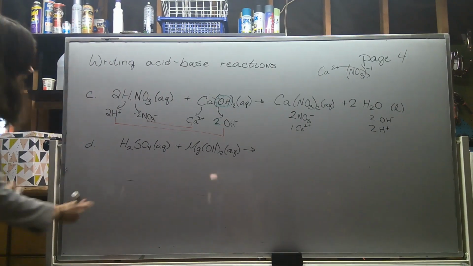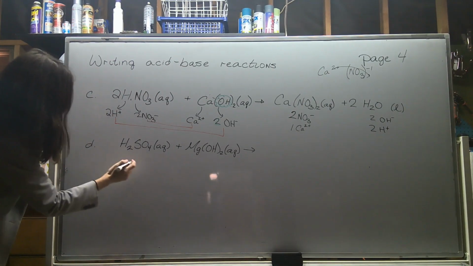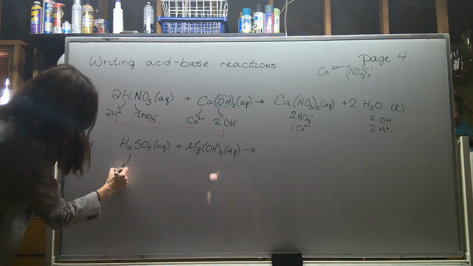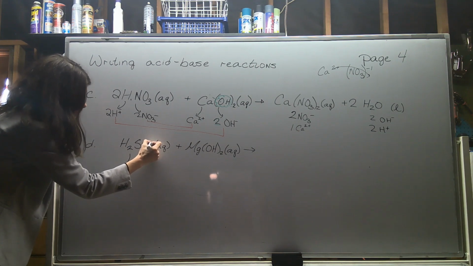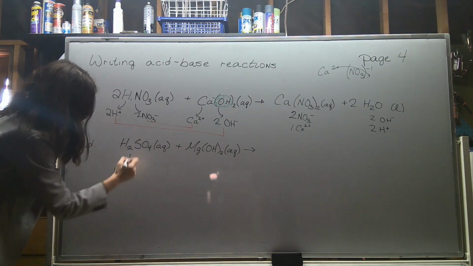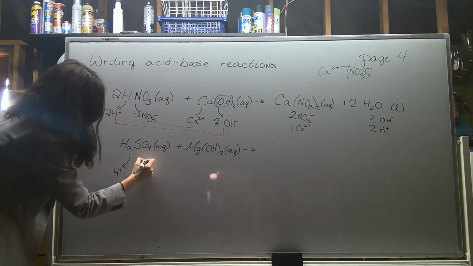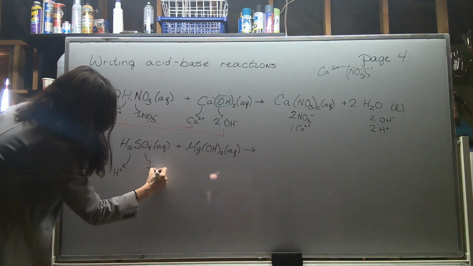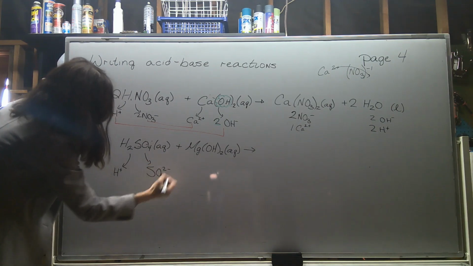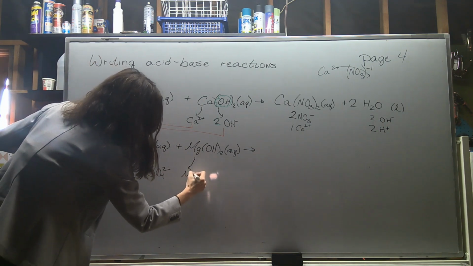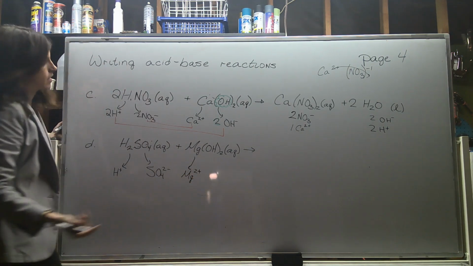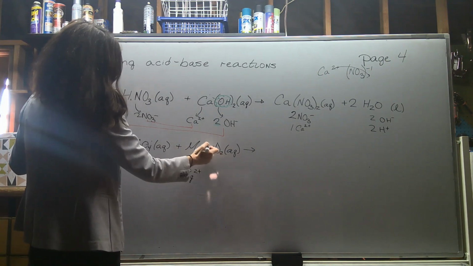Let's do one more. We have sulfuric acid, and that splits into H+. This 2 gets sent back up here, and so I shouldn't see the 2 down here. 2 is getting sent back up there, and we have SO4 2-. Magnesium has a +2 charge. I know that from the periodic table. And that's that 2.